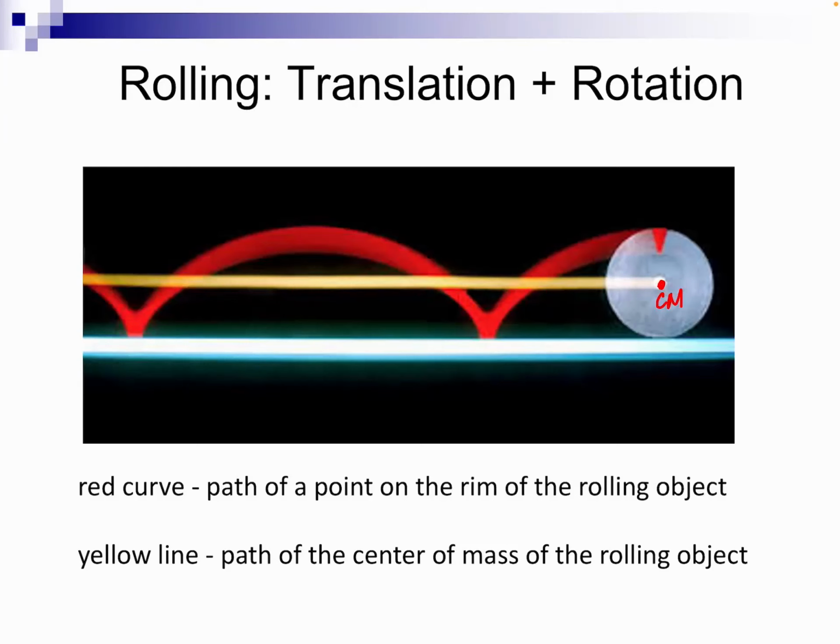We can see that it's just a straight line, meaning the center of mass has undergone translational motion. It's just like linear motion, while the rim of the object as it rolls traces out this red curve here. The red curve, which is called a cycloid, gives us the information about the rotation of the object as it rolls along.